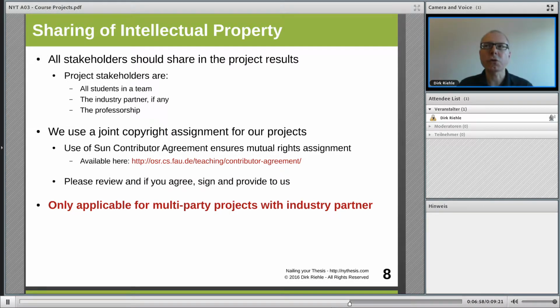But by way of this contributor agreement, you actually allow the company to use the results of your work without having to pay you. I view this as fair. They provide good data for research insight that often might not be easy to come by. Hence, they do want to get something out of it, and that would usually be to be allowed to use the results of your work for free.